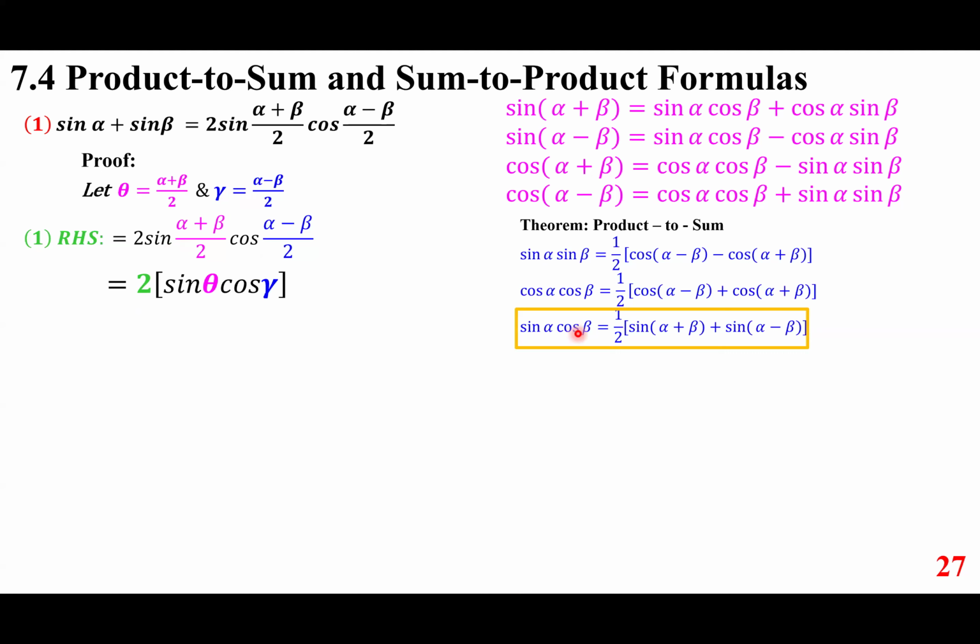If sine of alpha cosine beta is this, we can introduce a 1/2 and write this one, and we get the 2 remains, and we replace this one with 1/2 sine of, instead of alpha plus beta, we get theta plus gamma.